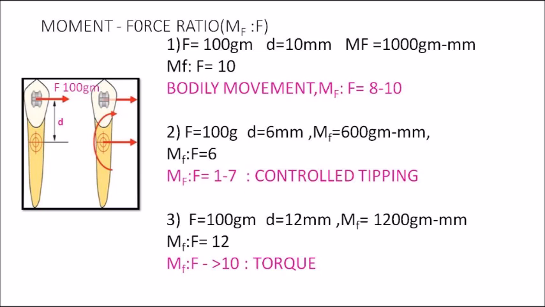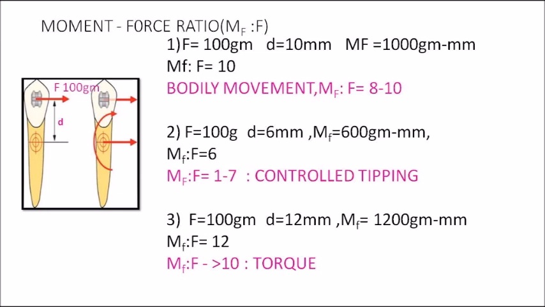Now the third scenario is again a force of 100 grams being applied, but at a distance of 12 millimeters. Now with a distance of 12 millimeters, the moment will be 1200 grams millimeter. The ratio between moment and force will be 1200 divided by 100, so it will give you 10.